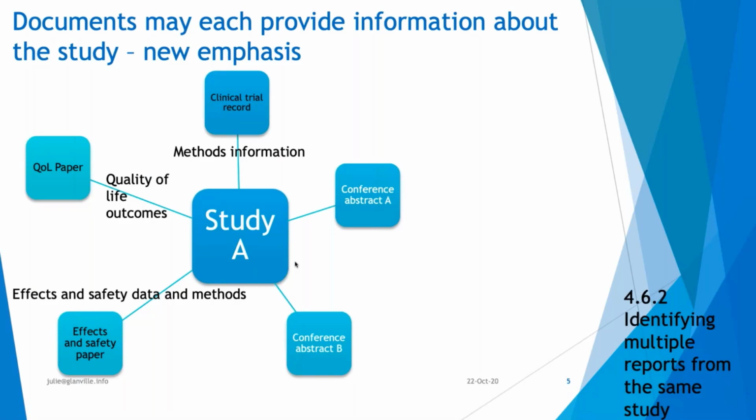For example, you will often find an economic evaluation that has been carried out alongside a trial in a separate paper, and also things like the quality of life outcomes captured in a trial may be reported in a separate paper. So this is trying to emphasize that we should be looking at all of these resources, because they may all contribute information to our knowledge of the study. For example, the quality of life paper would make most sense if you are trying to find the quality of life outcomes.